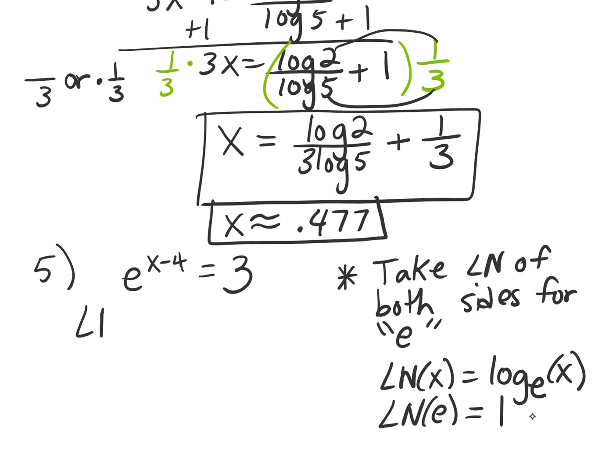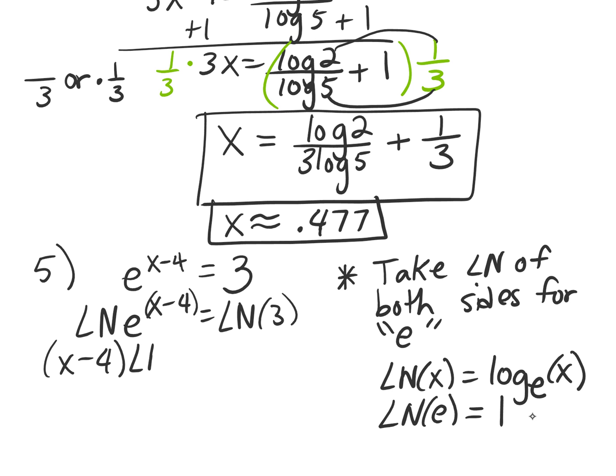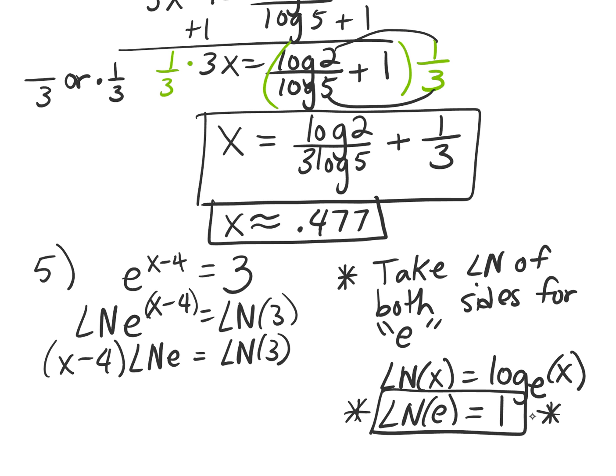So we're going to do ln e to the x minus 4 equals ln of 3. There are a few steps you could probably skip on here, but I'm going to write all of them out in the example. And like I had stated before off to the side, this is an important aspect here, the fact that ln of e is equal to 1.